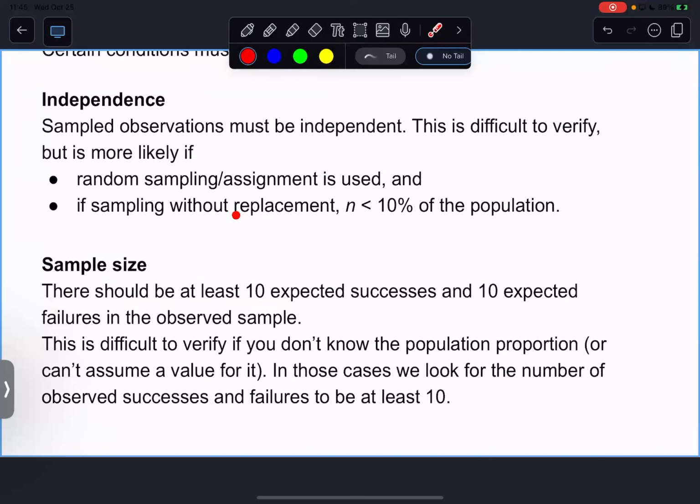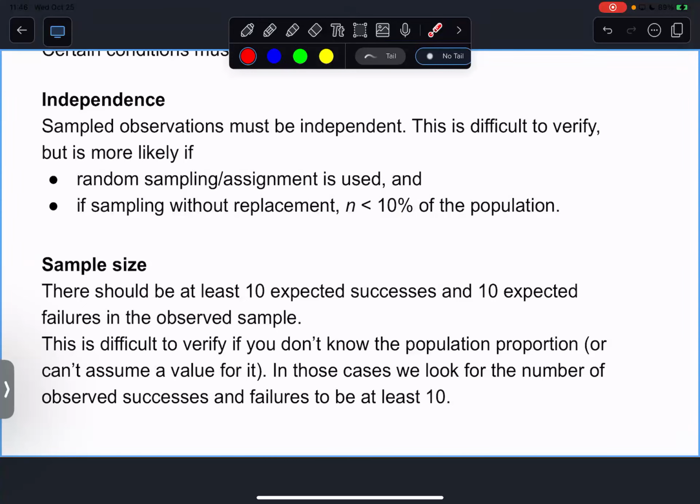And this one, I don't check as often, but if sampling without replacement, then n has to be less than 10% of the population, which is kind of counterintuitive. We just said we want large sample sizes, but not too large. Why? Because if I have a sample size that's larger than 10% of the population, all of a sudden I'm introducing observations that might be dependent on each other just by random sampling.